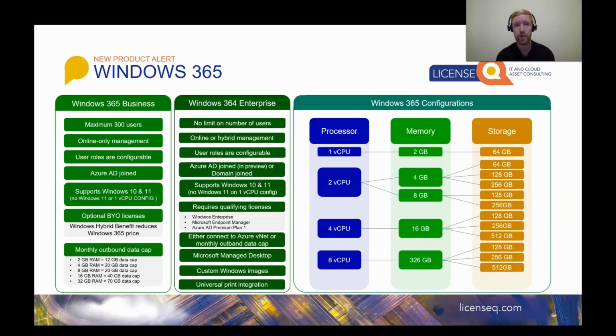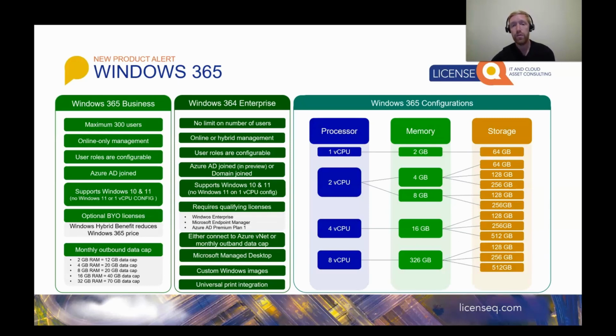Now, once you select your business or enterprise solution, you have configurations to choose from. So you basically need to select what type of processor you want, and then you have the option to select the amount of memory and the amount of storage that you need. So if you need a Windows 365 configuration with one virtual CPU, all you can get is 2 gigabytes of memory and 64 gigabytes of storage.